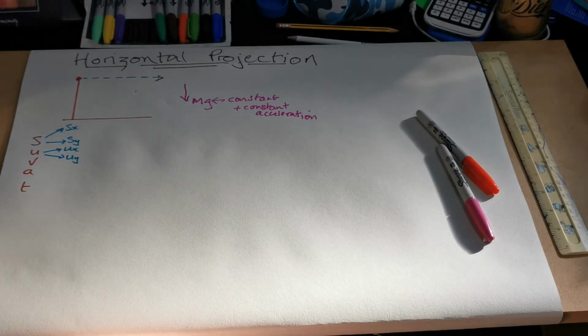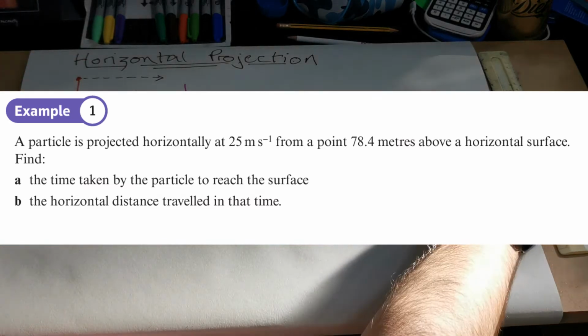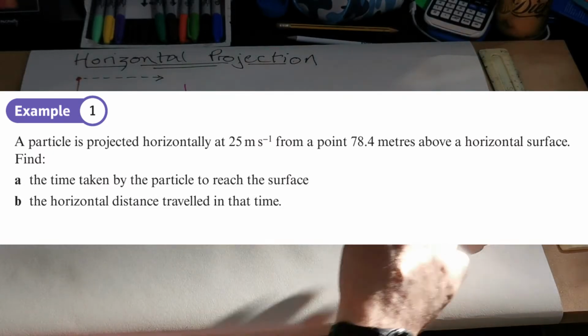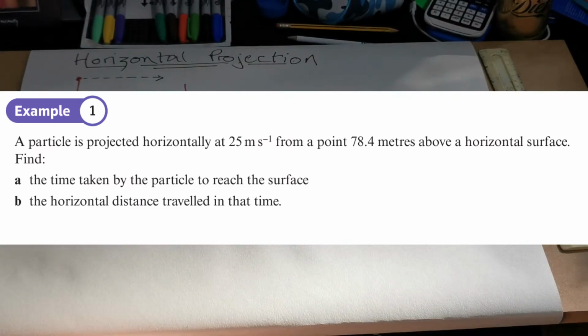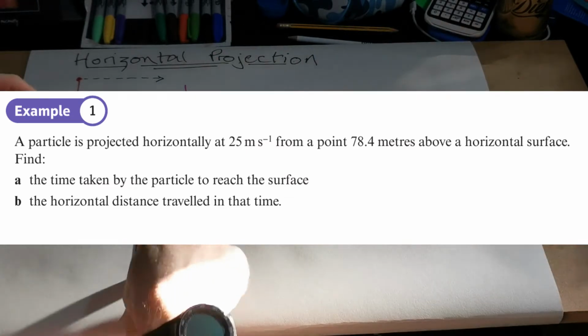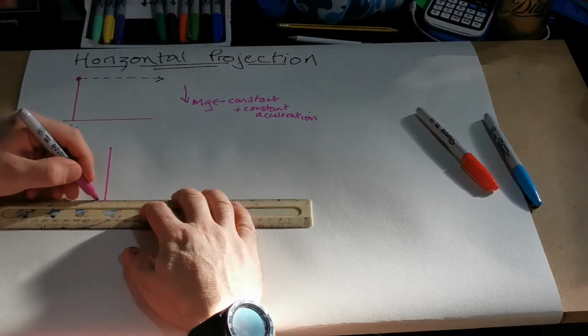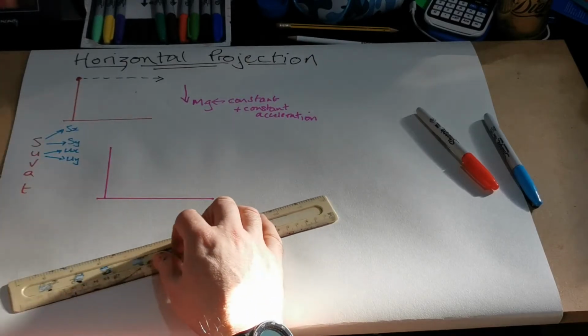So when I look at this question here, it says a particle is projected horizontally at 25 meters per second from a point 78.4 meters above a horizontal surface. So already what I'm thinking is, okay, let's get that information on a diagram.